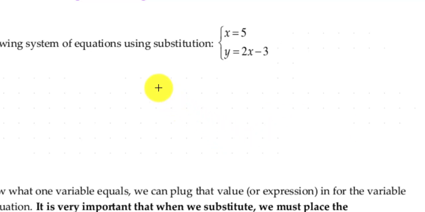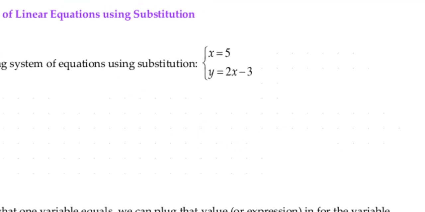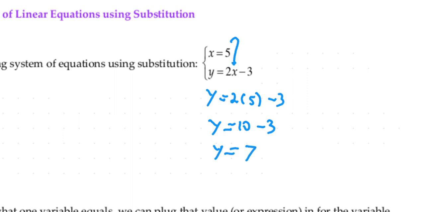So to handle this problem, let me just click on my ink. If I know x equals 5, I can replace x with 5. So I get y equals 2 times 5 minus 3, or y equals 10 minus 3, which is y equals 7. But that's not the answer.